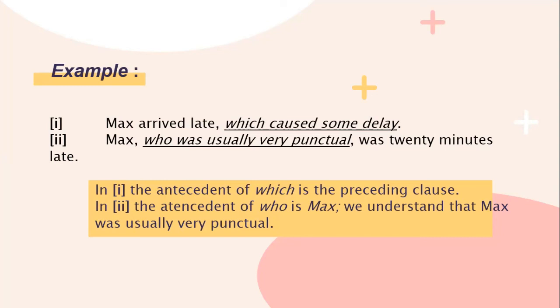In the second example, the antecedent of who is Max. We understand that Max was usually very punctual. Proper nouns normally occur with integrated relatives only if there is a determiner, as in "the Max I was referring to."